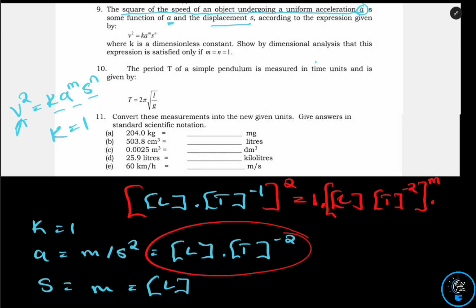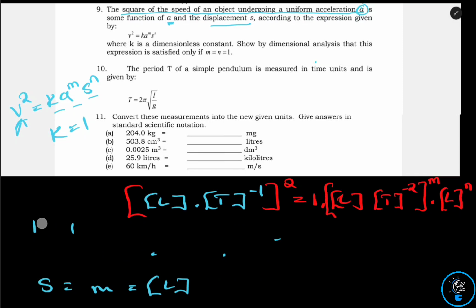Then from there we need to multiply it by displacement, which is L, and we need to power it to n. Okay, we won't be needing these things anymore. So we've plugged them into our equation.